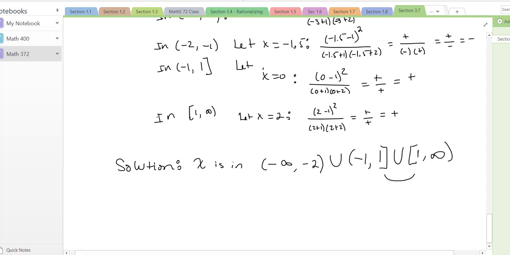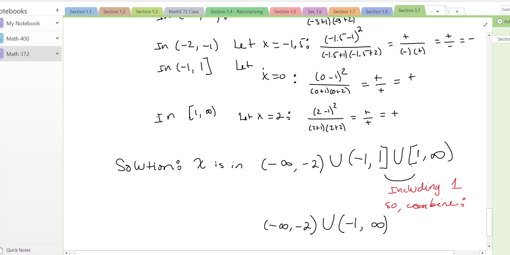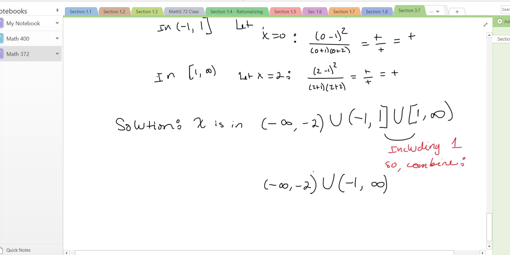If we're including 1, then we can just combine the intervals. So my actual solution would be -infinity to -2, not included, union, not including -1, all the way to infinity, since it doesn't make sense to separate them since 1 is included. And that will be our solution.